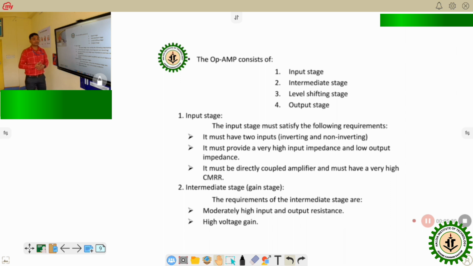The next stage after the input stage is the intermediate stage. In the intermediate stage, the gain of the output is specified. The requirements of the intermediate stage are moderately high input and output resistance and high voltage gain.